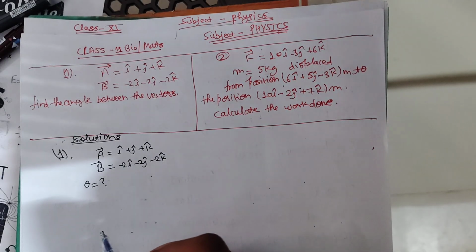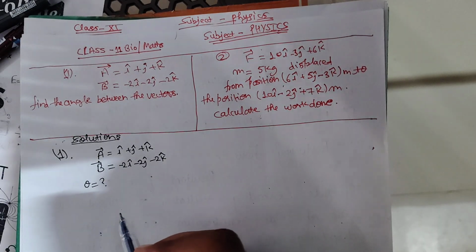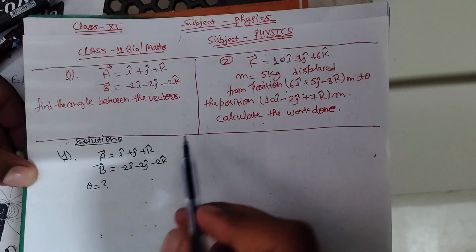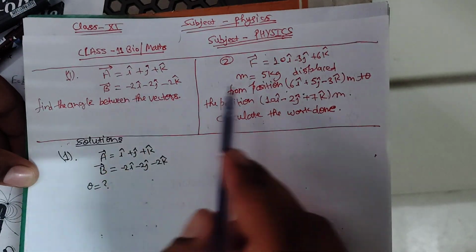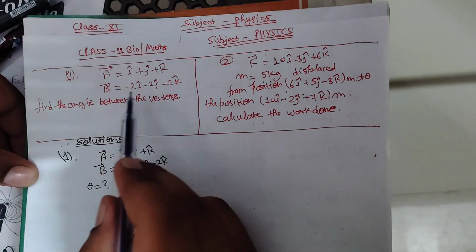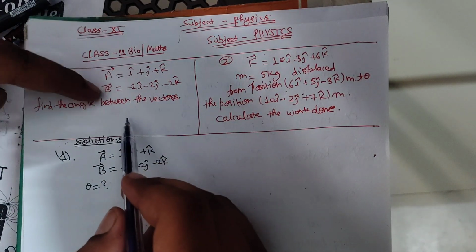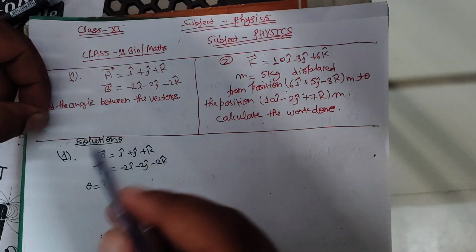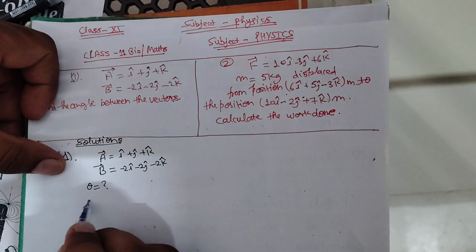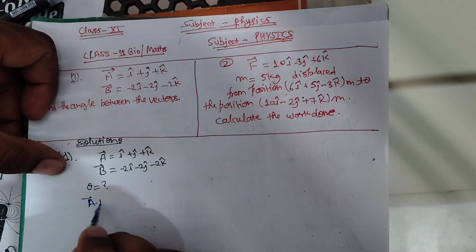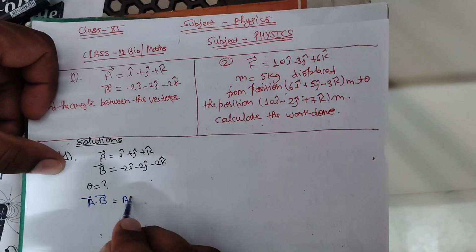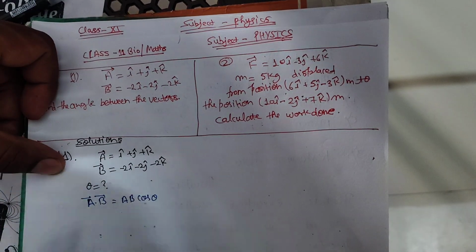Now, as I have told you about the scalar product of vectors, I have taken two numericals based on it. The first one is this one and the second is this one. First, in this question I have to find the angle between the vectors. The formula of a dot b is ab cos theta.